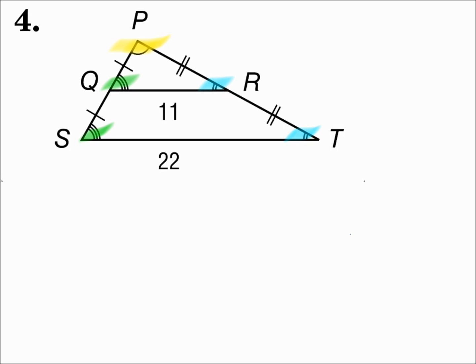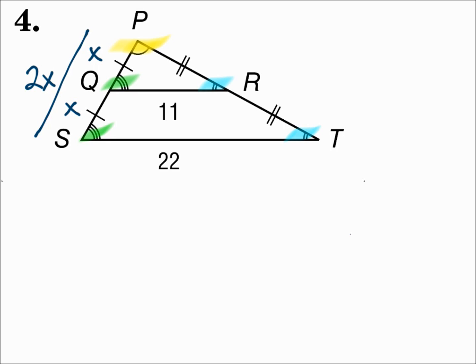Now I know the 11 and 22 side lengths, but I don't know the others. However, I do see where the segment parts are marked congruent. I can give them variables. On the left, segment PQ could be X and segment QS could be X. Those are both the same, which would make the whole side 2X.